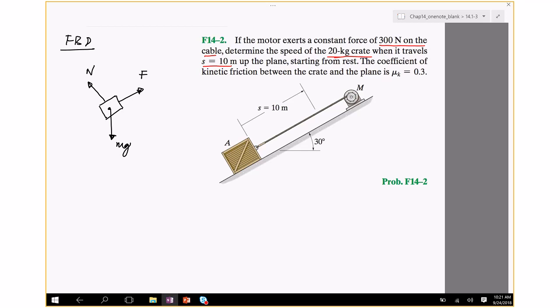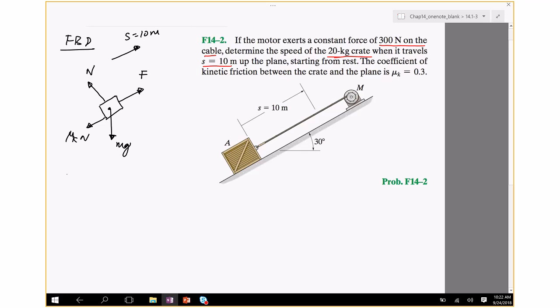I'm missing friction. So the block is moving upwards and friction always opposes motion. So friction is going to act downwards. Friction is mu k times N. So the displacement is upwards 10 meters. Okay, you can stick to that convention that upwards is positive.